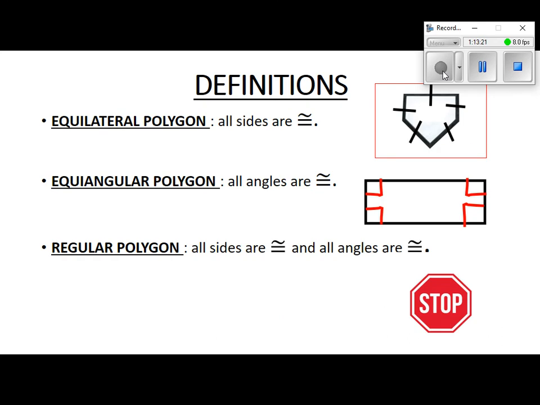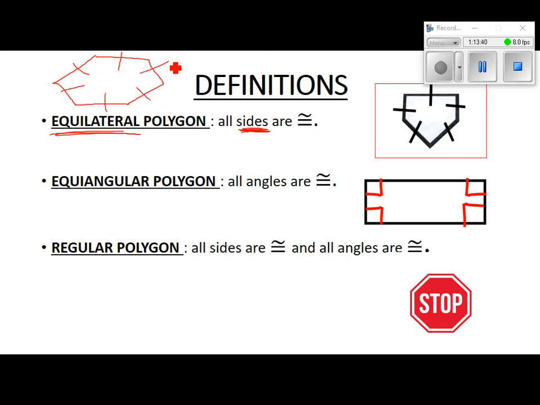So again, if they tell you something's equilateral, all the sides have to be congruent. Whatever the shape is, however many sides it has, if it's equilateral, they're all congruent.